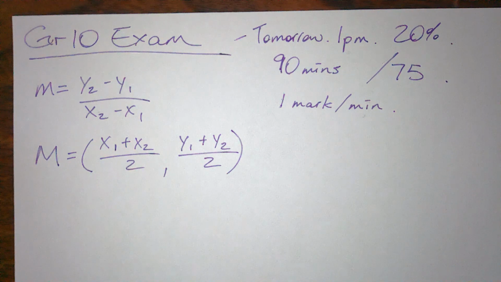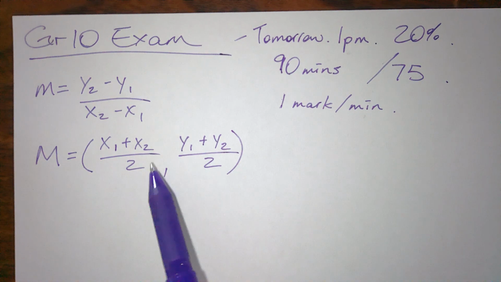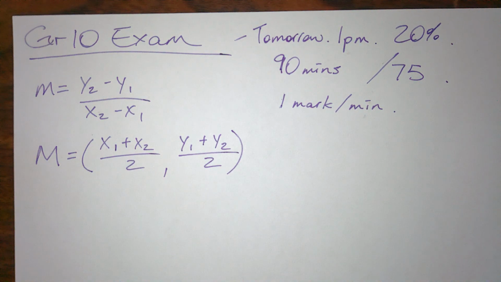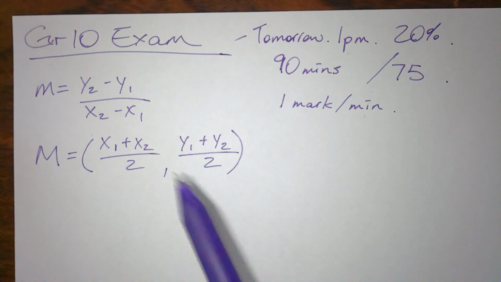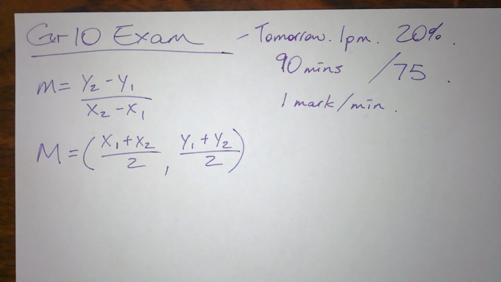What is it? It's a coordinate on the line. A coordinate point is a point. And I still see a lot of you guys do not write that bracket and comma in the middle, and then you just give me 2 numbers floating in the air. So it's a point. You make it a point. All right.